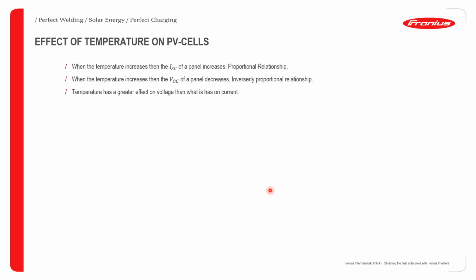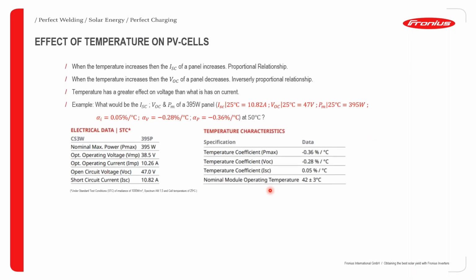To shed more light on this, let's now look at this particular example. What would be the short circuit current, open circuit voltage, and the maximum power of a 395 panel? So this is an example that we are going to use to buttress the above mentioned. And here we are going to make use of a Canadian solar panel with the respective electrical data and of course temperature characteristics.